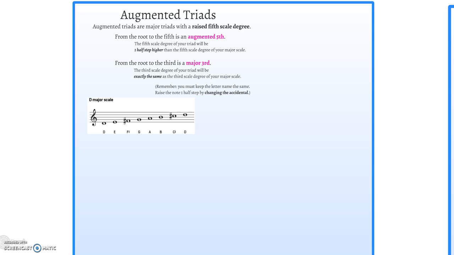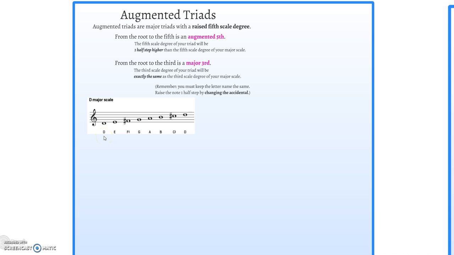We're going to begin with the D major augmented triad. So here's the D major scale. We're looking at the first scale degree, the third scale degree, and the fifth scale degree. So, according to our definition of augmented triad up here, we're keeping the root and the third the same as they are in the scale.